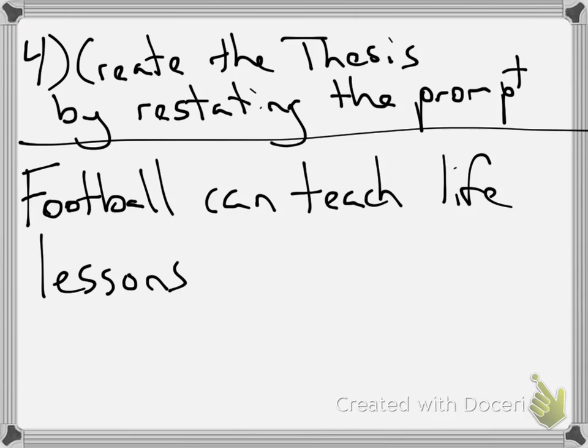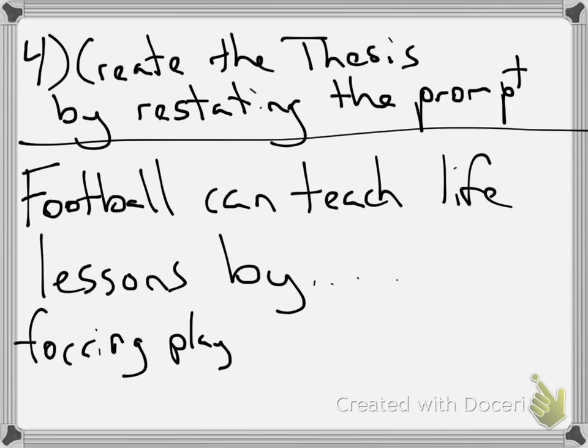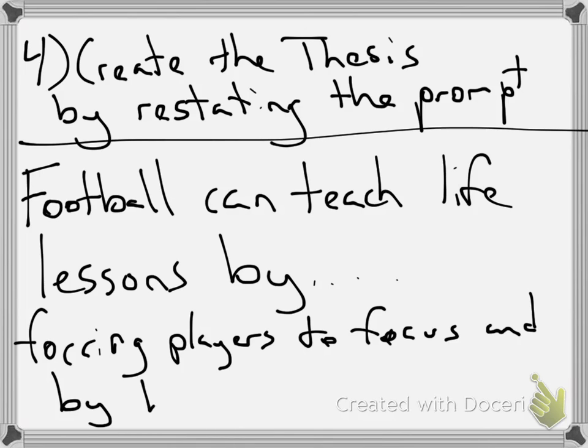So we are restating the prompt, can teach life lessons by, and then we provide our thoughts. For the sake of this one, by forcing players to focus, and by hard work. So football can teach life lessons by forcing players to focus and by hard work. So there's our thesis statement.